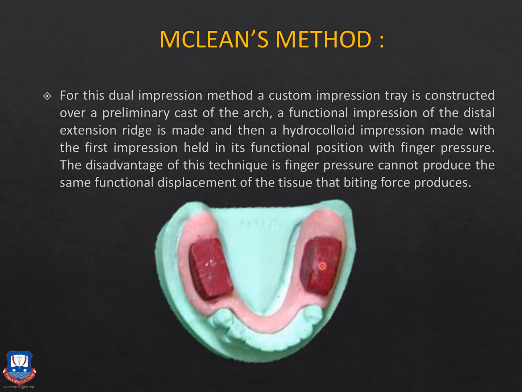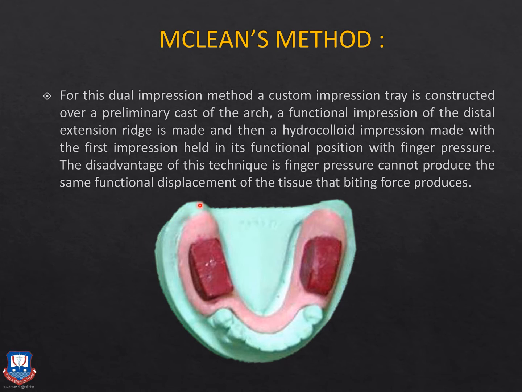Then the bite registration was done at the patient's existing vertical dimension, and then the denture base was relined with a suitable impression material like zinc oxide eugenol or medium body or monophase silicone impression material.